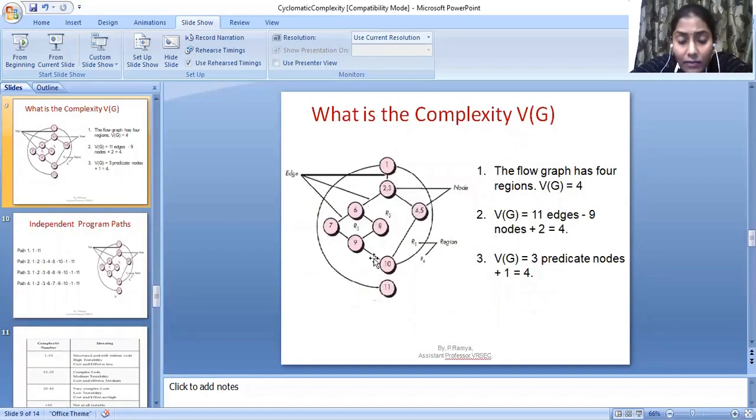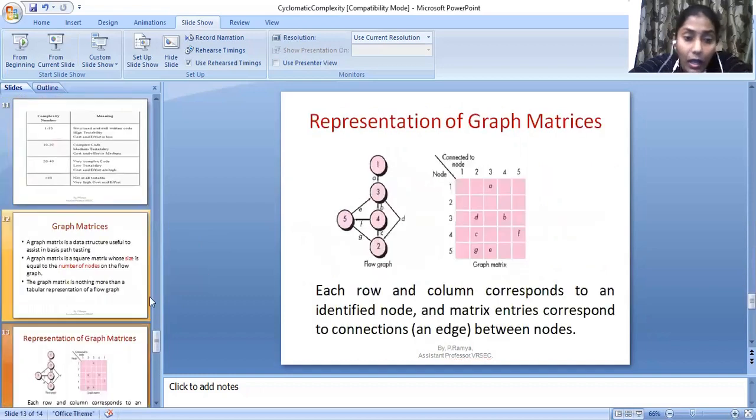If the node count is 9, then you have to go for a 9 by 9 matrix. That means 9 rows and 9 columns. Clear? Right. In this particular example, there are 5 nodes, 1, 2, 3, 4 and 5. So we have to take a 5 by 5 matrix.